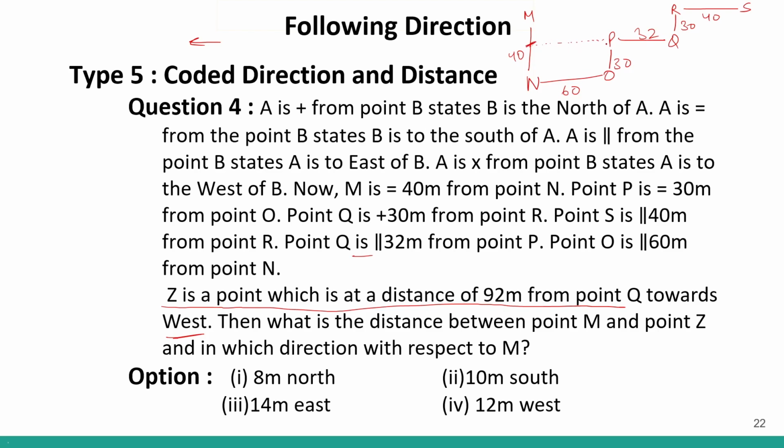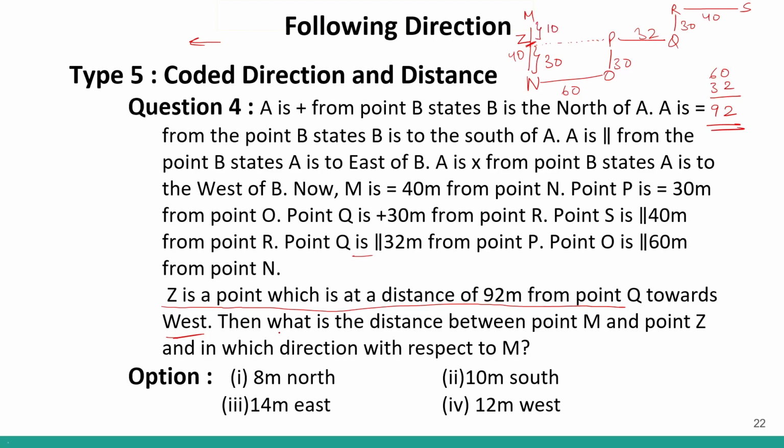So this will be 60 and this will be 32. 60 plus 32 will give me 92 meter. So Z will be a point on this line. This will be equal to 30 and this will be equal to 10.